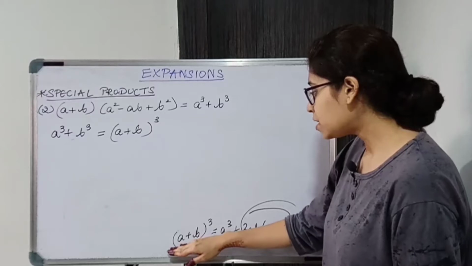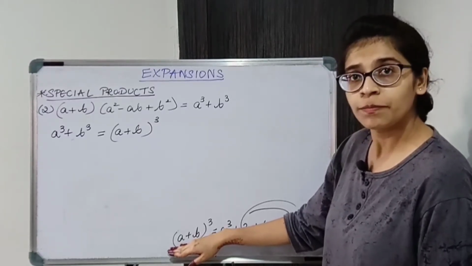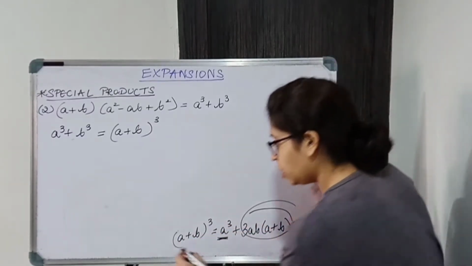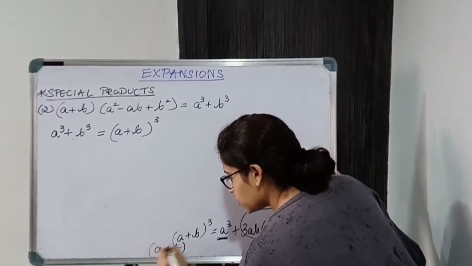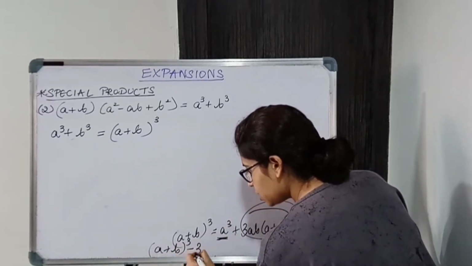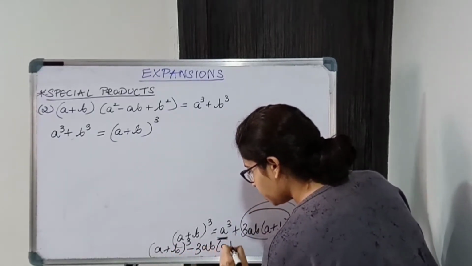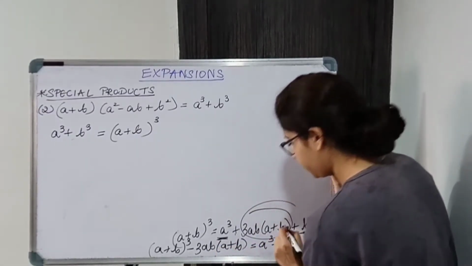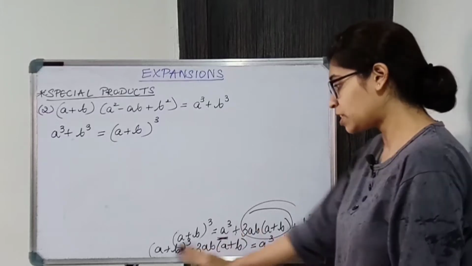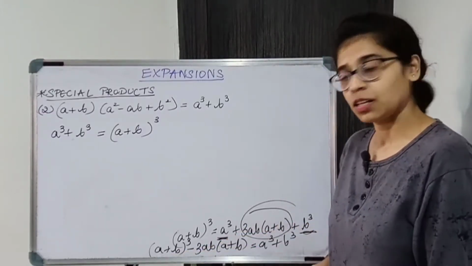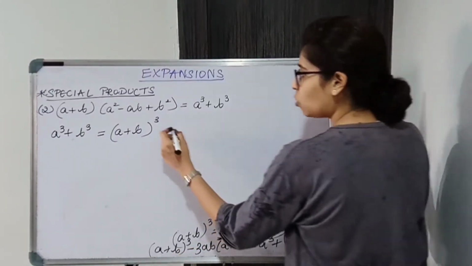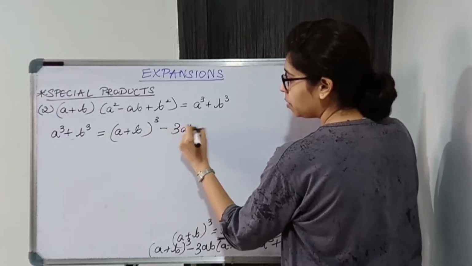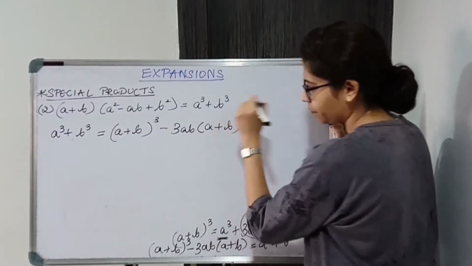So if we shift this to the other side, it becomes -3ab(a + b), equal to a³ + b³. So in short, a³ + b³ is equal to (a + b)³ - 3ab(a + b).